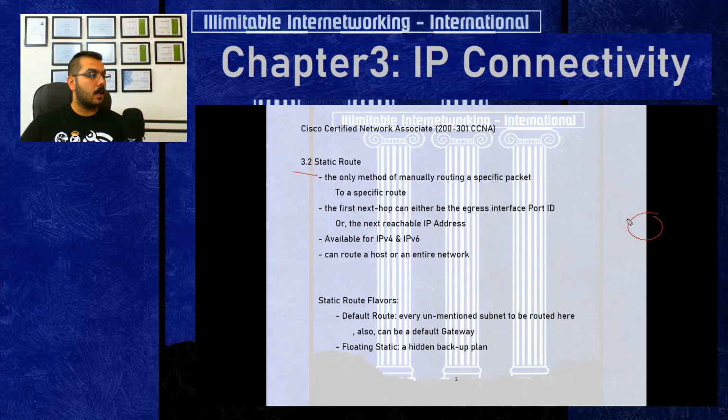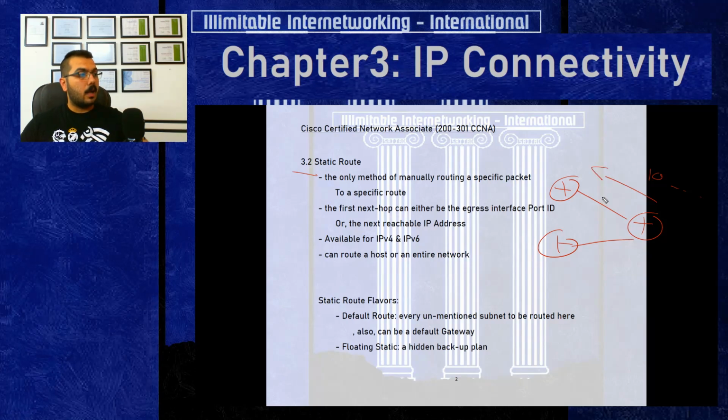What I mean is that to make the router understand that I want to route maybe 10 dot something using this path, then either I tell it route 10 dot something to the IP address of this interface. Maybe this interface has the IP address of 192.168.1.2 and this interface has 192.168.1.1. You will see this in the lab.